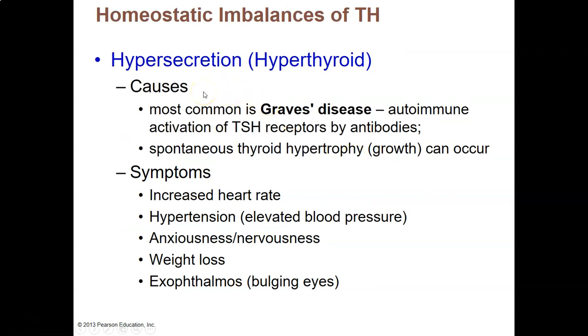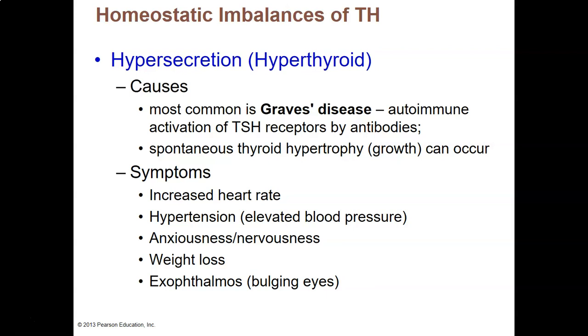Hypersecretion of thyroid hormone, or hyperthyroid, can be caused also by an autoimmune disease. That's only one cause of it. Sometimes people just immediately assume the cause of it is called Graves' disease. That's the most common cause. Your body produces antibodies. Now get this, the antibodies don't damage the gland. They bind to the thyroid-stimulating hormone receptors, and the gland thinks that TSH is out there.